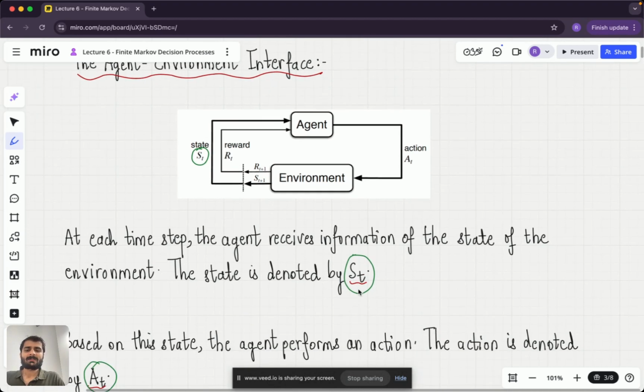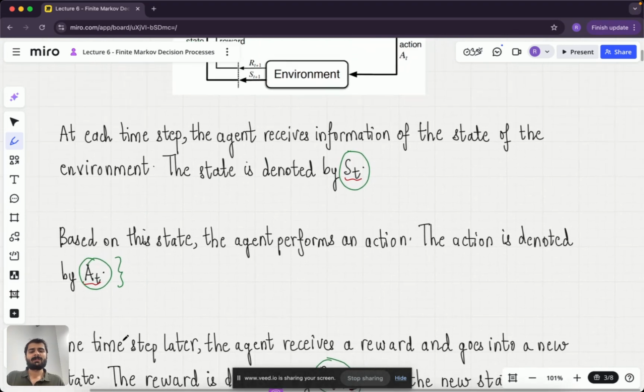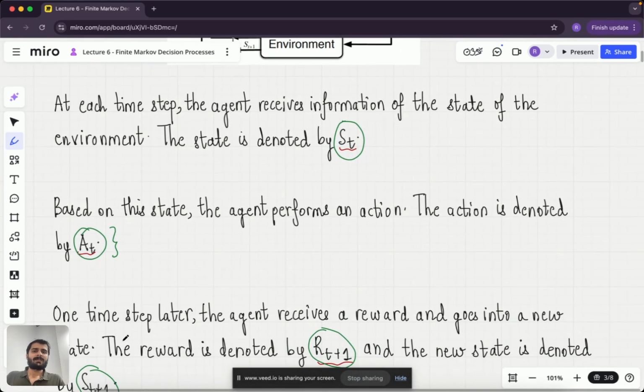And then, based on the information or the signal the agent receives from the environment, it is going to take a certain action. And this action is denoted by A of t. And then, after the agent performs this action, one time step later, the agent is going to receive a reward from the environment after this action is performed, and then it is going to go into a new state.